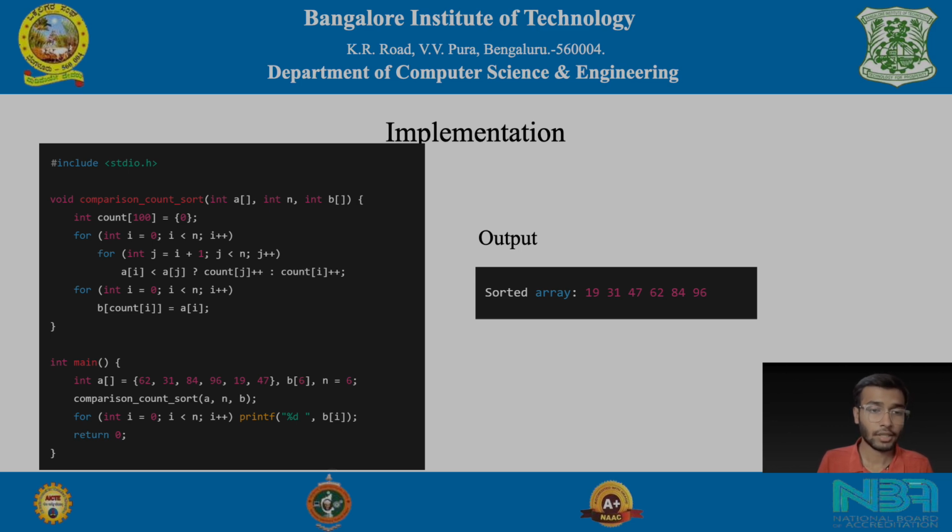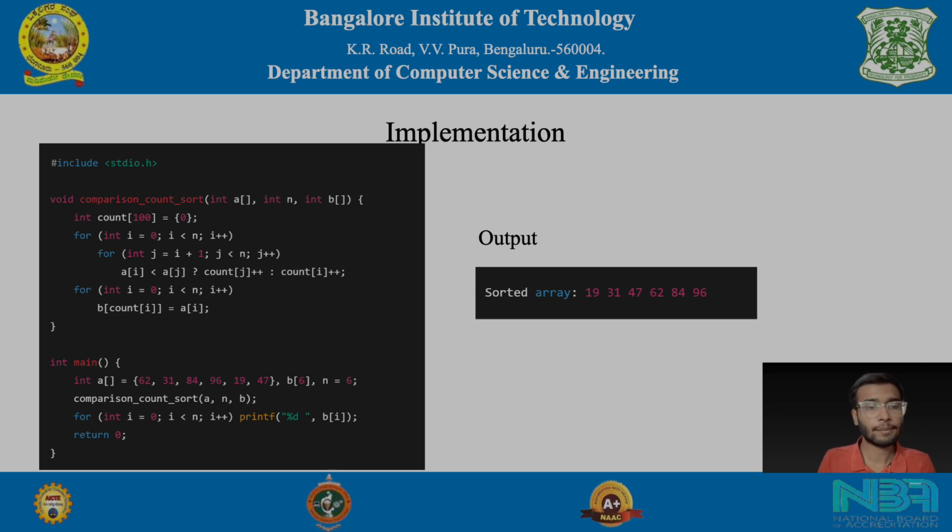Then we start another for loop, and in another array B we put the count i element to be the ai element. Basically we take the index of the B array as the rank of the element, and on that rank we put the element from the A array, the one which we are given as input.